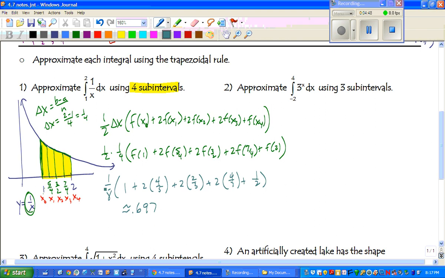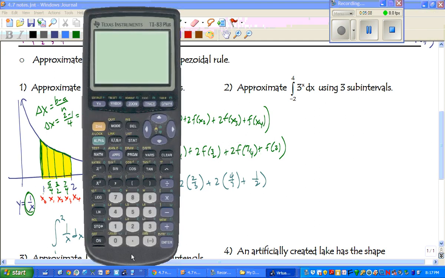And to show how nice of an approximation this is, let's actually find out what the definite integral from 1 to 2 of the function 1 over x is. So remember, we could do this using our calculator. If we want to do this on our calculator, pull that up.